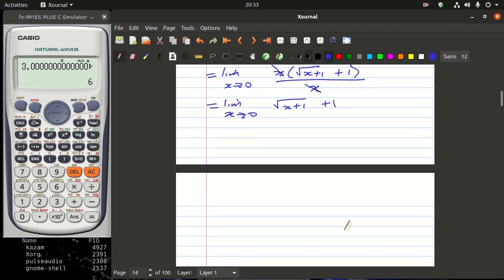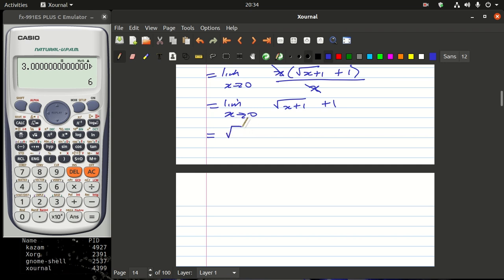Now, if you look carefully, all I need to do is choose a value so close to 0 such that the calculator and the computer cannot pick the difference. And once I have chosen that value, I drop the limit. When I plug that value in, the calculator is going to say the difference is not that significant, so why not just plug it in?